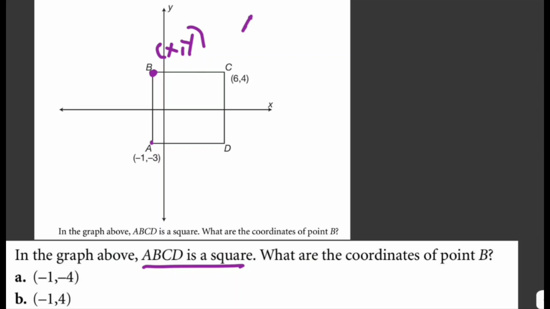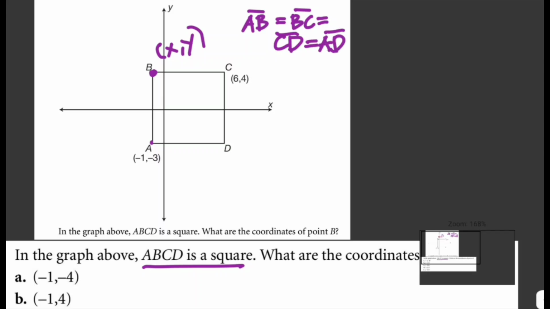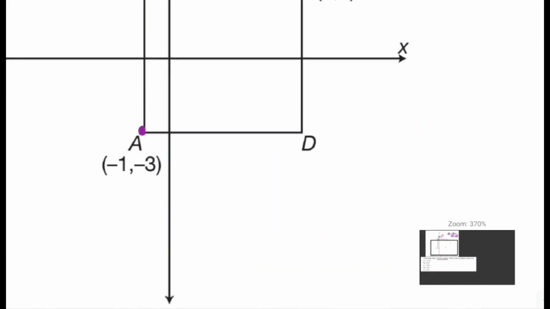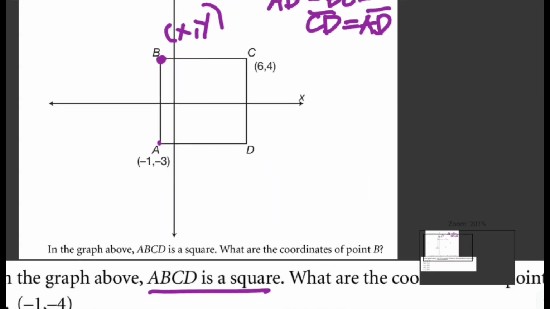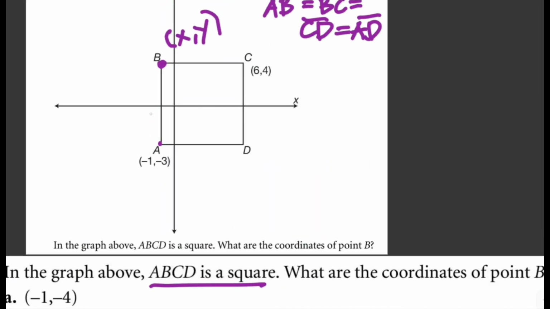So that would be AB, segment or side AB is equal to segment BC, which is also equal to segment CD as well as AD. We're given here that point A is negative 1, negative 3. Therefore, the value of x here is negative 1.